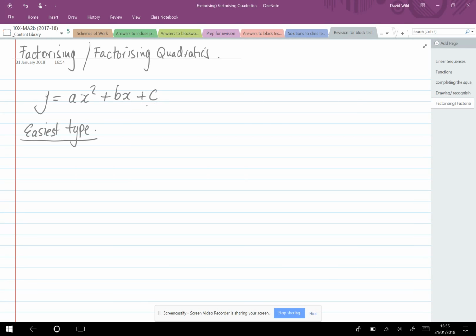In other words, there is no number here. An example of this would be something like y equals 4x squared minus 2x plus 1, right? We're going to look at the point where there is no plus 1 here. Okay, so imagine something like that.